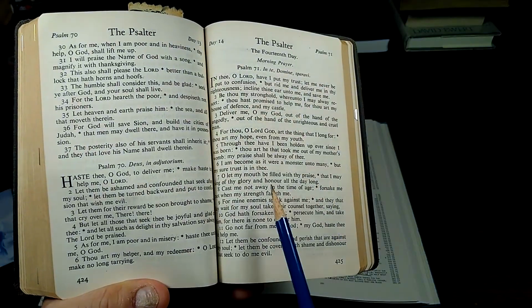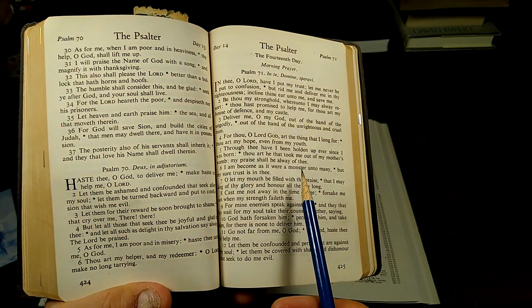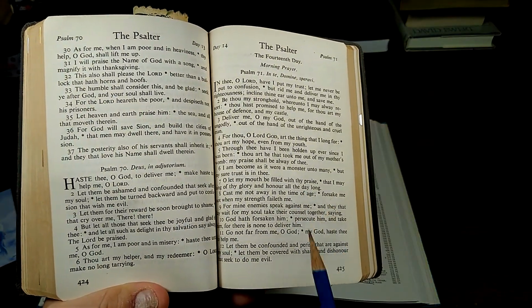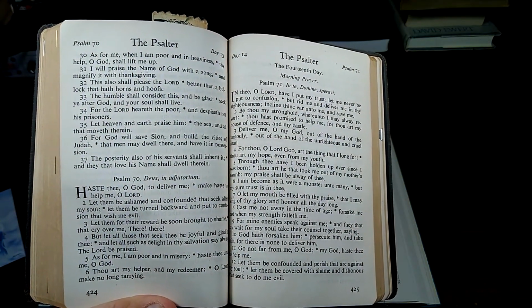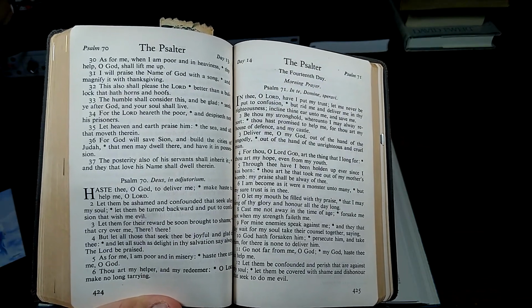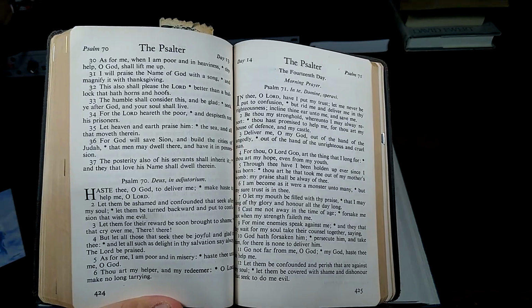That word that underlies either monster or wonder, there's debate about whether it should be seen as a positive example or a negative example.